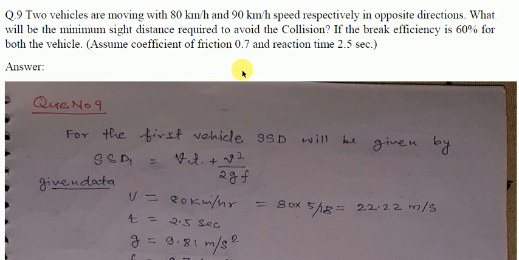So for the first vehicle, the SSD will be given by the general formula V into T plus V square upon 2gf. Here V into T is the distance traveled in the reaction time, and V square upon 2gf is the lag distance. This will be called the braking distance.